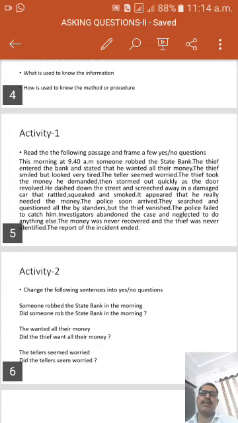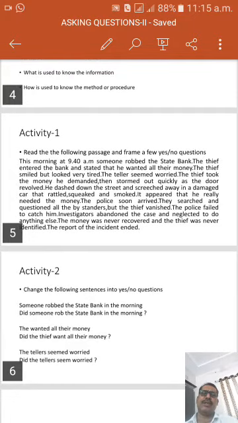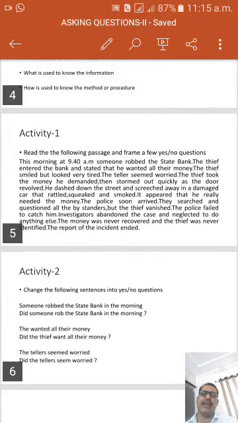It appeared that he really needed the money. The police soon arrived. They searched and questioned all the bystanders, but the thief vanished. The police failed to catch him. Investigators abandoned the case and neglected to do anything else. The money was never recovered and the thief was never identified. The report of the incident ended.